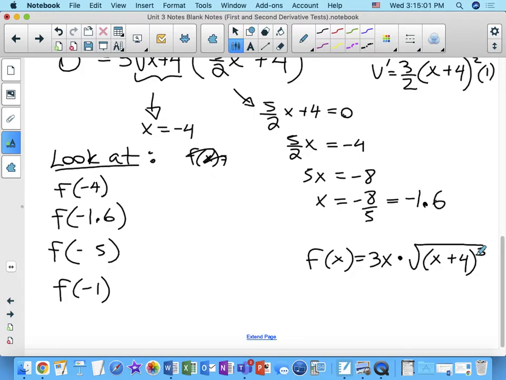And it might be more helpful to look at it that way when we substitute in. Okay? So f(-4) is 3 times -4 times the square root of (-4 + 4), cubed. What's that going to be? 0, yeah, because this piece is 0. So this is 0.